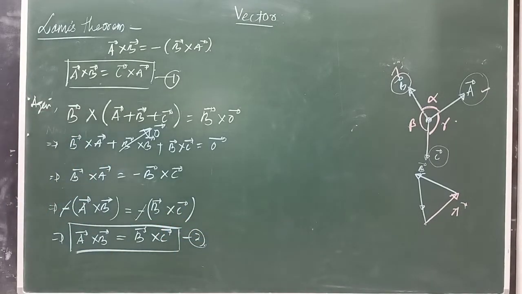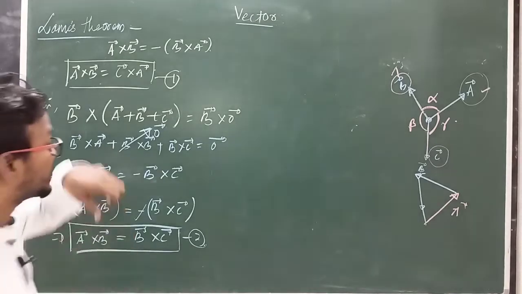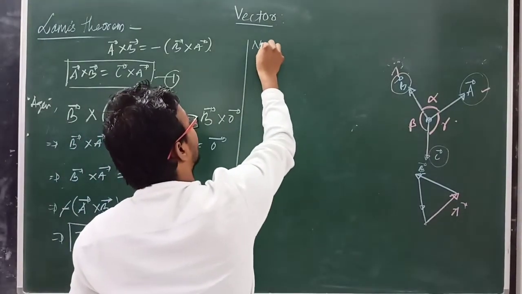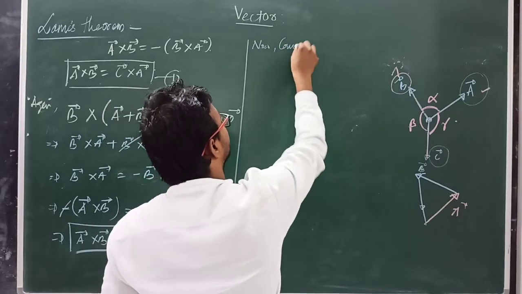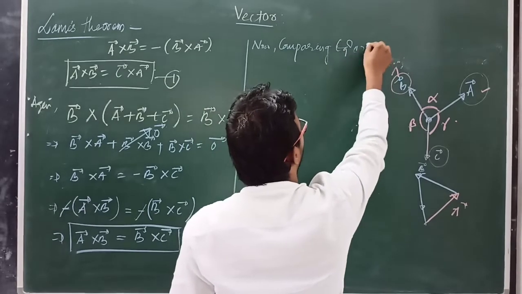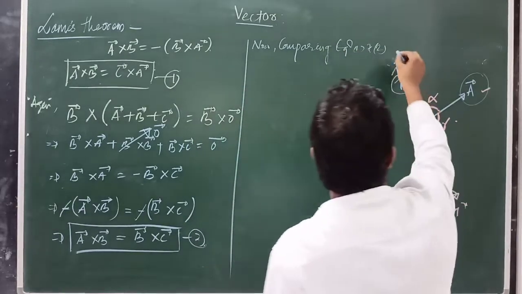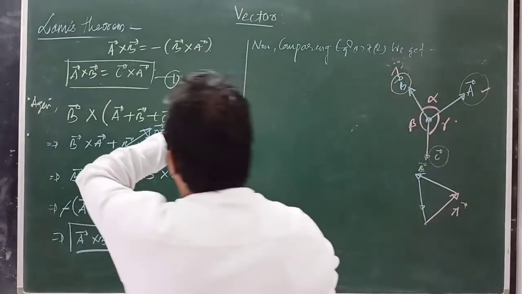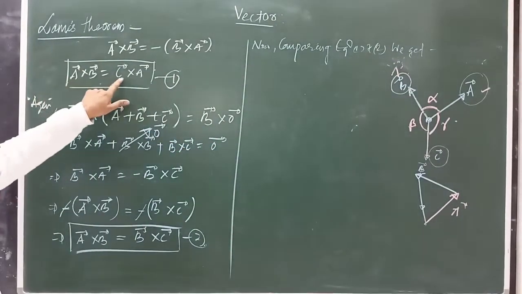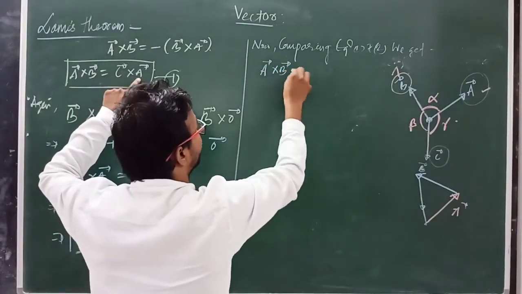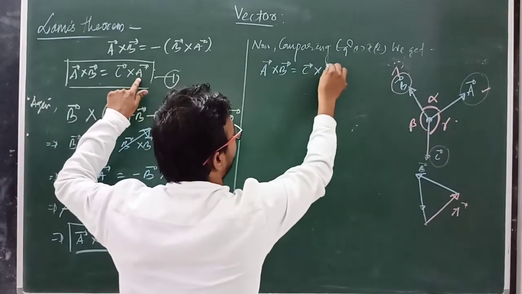Now if you compare equation 1 and 2, comparing equation 1 and 2, we get a cross b equal to c cross a.